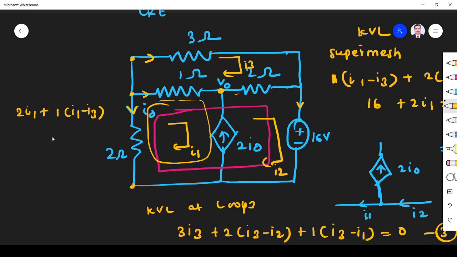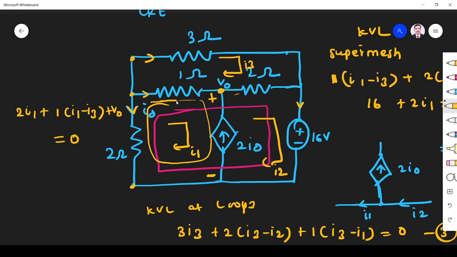So that is equal to 3I1 minus I3, here the drop is plus, it is minus, so voltage is plus V0. So plus V0 is equal to 0.